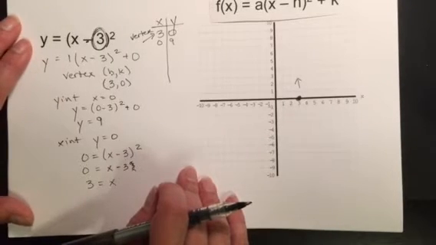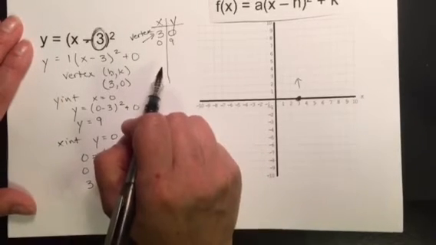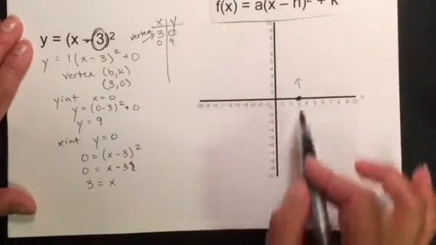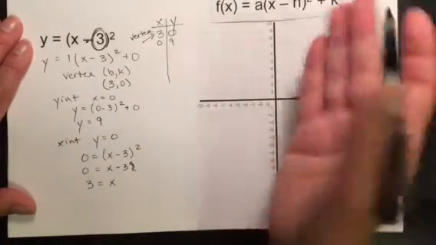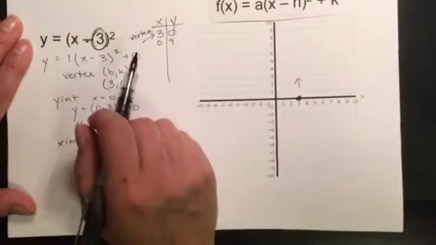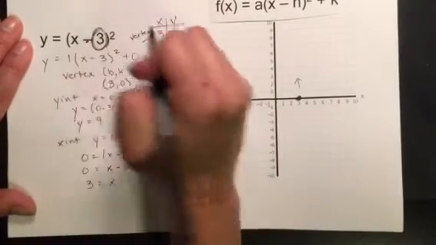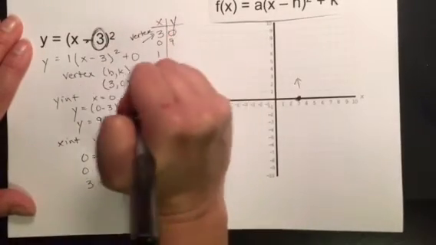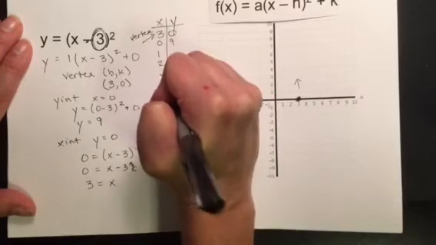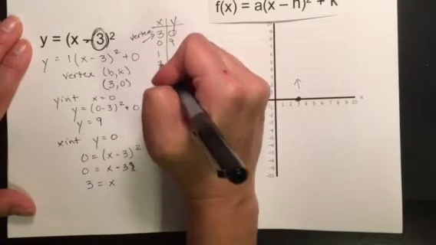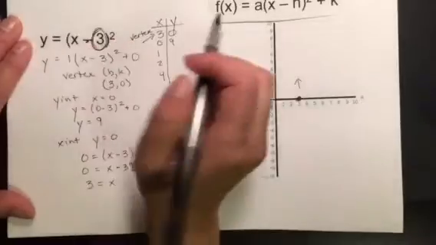The next thing I need to do is find some additional points here. So remembering that we have symmetry on either side of the vertex, I'm going to pick my points. So I'm going to pick 1, 2, I already have 3 and 4. That'll give me 1, 2, 3, 4, 5 points. All right, good.